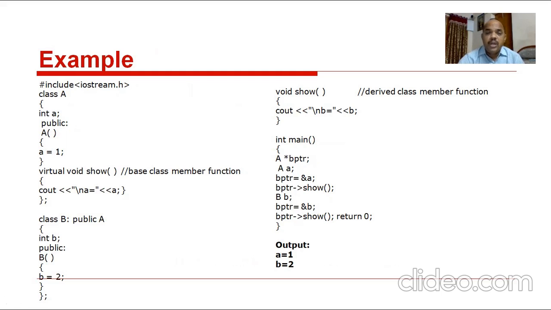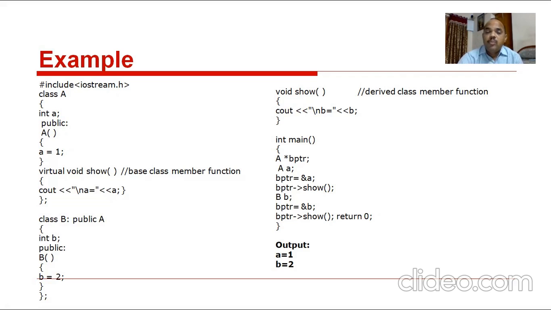But here B is a derived class name and b is an object of the derived class. Asterisk b with bptr equal to ampersand b will not be accepted, and also asterisk b equal to ampersand bptr will not be accepted.